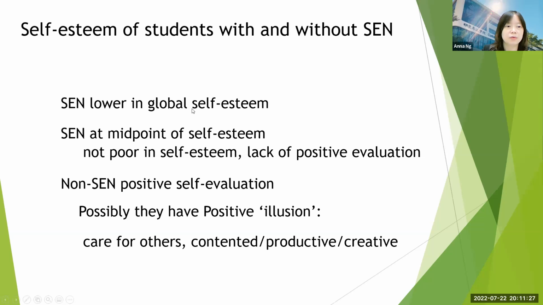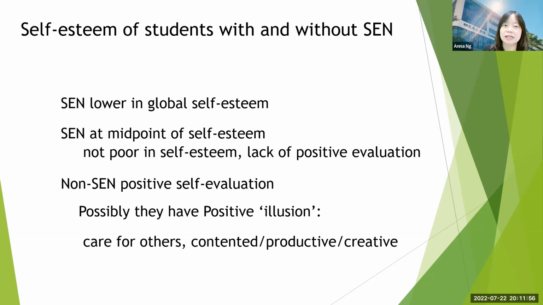As we can see, students with SEN demonstrate lower global self-esteem, and we can find that the SEN score is at the midpoint of self-esteem. So they are not actually very poor in self-esteem, but they maybe lack positive evaluation of themselves.